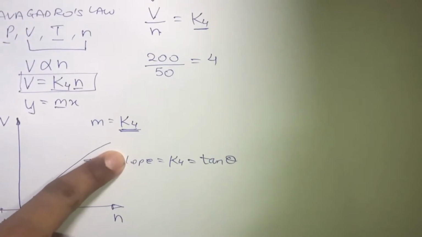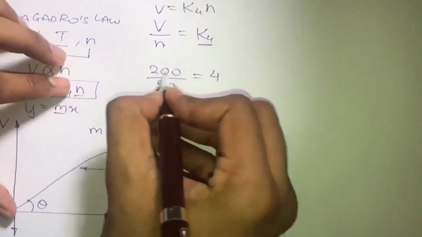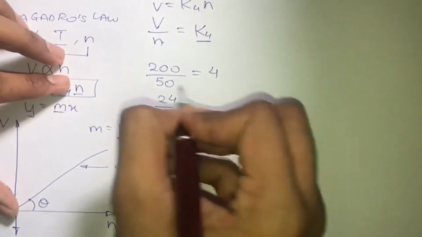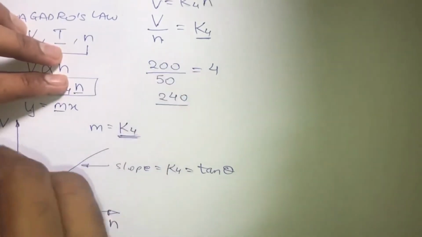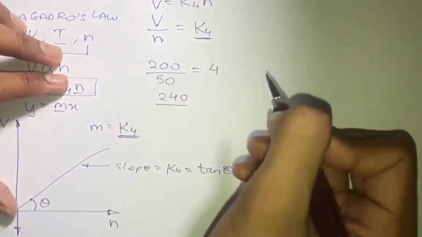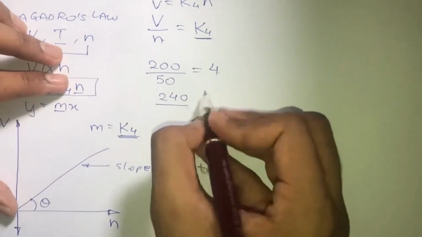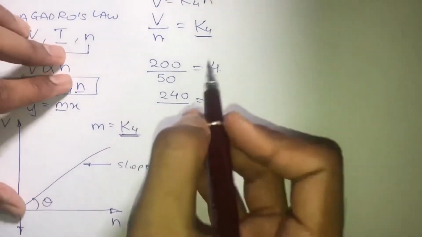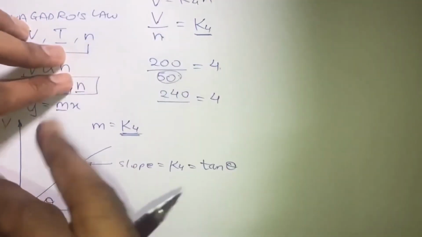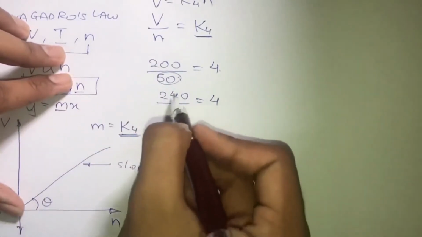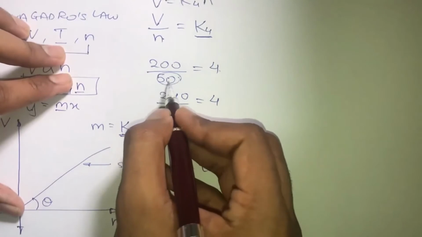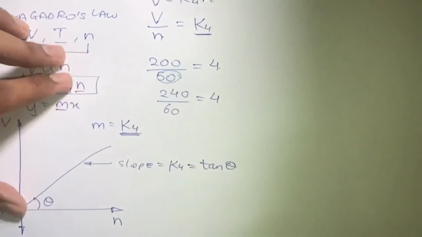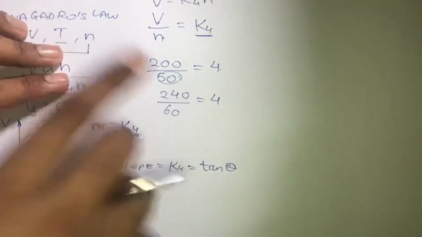Now what I am going to do is increase the volume from 200 to 240. Although you are increasing the volume, the value of this constant is going to remain the same, which means that you are going to get 4 only. So the number of moles are going to adjust itself in such a way that the ratio becomes 4. So the number of moles also increases from 50 to 60. Now if you divide 240 upon 60, it is obviously equal to 4.